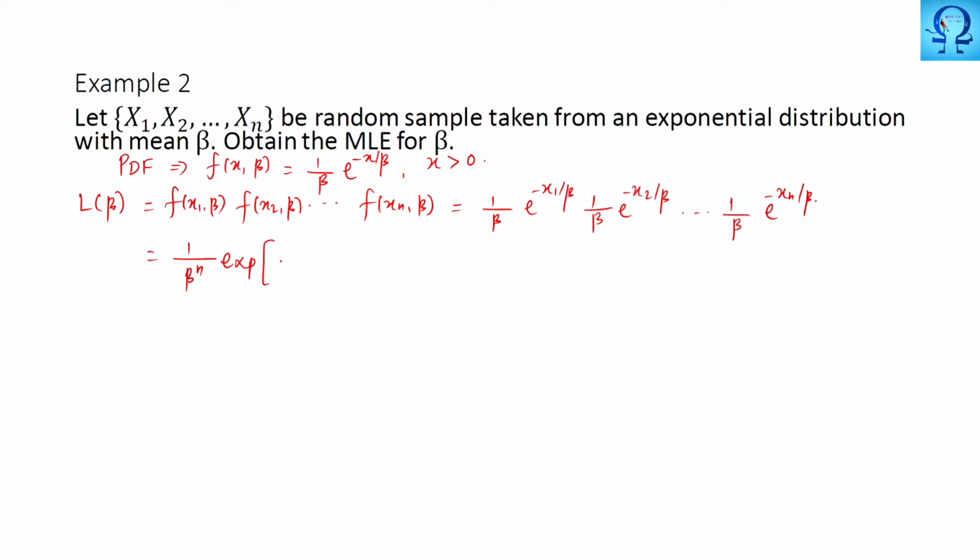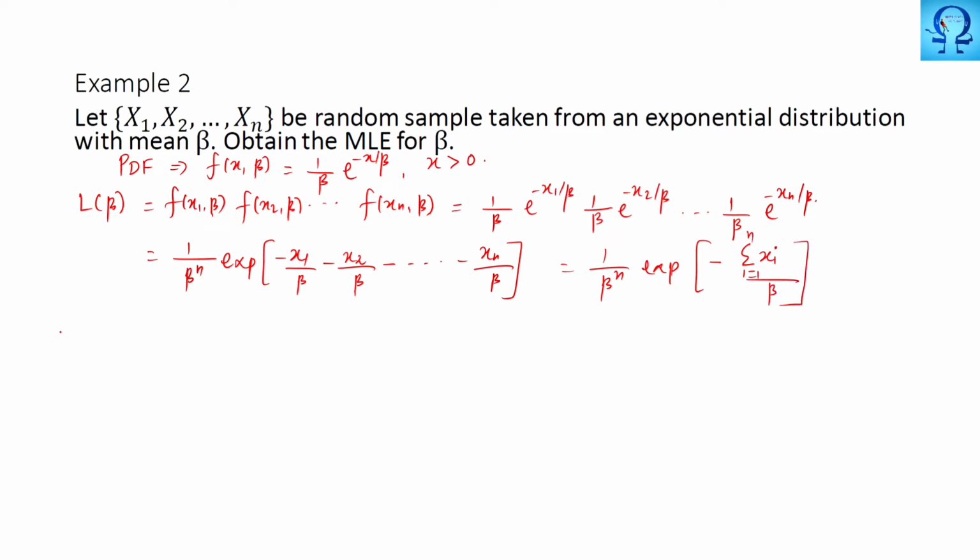and exponential of minus x1 upon beta, again it is minus, right? So minus x2 upon beta till minus xn upon beta. So this can be written as exponential of minus summation i runs from 1 to n xi upon beta.